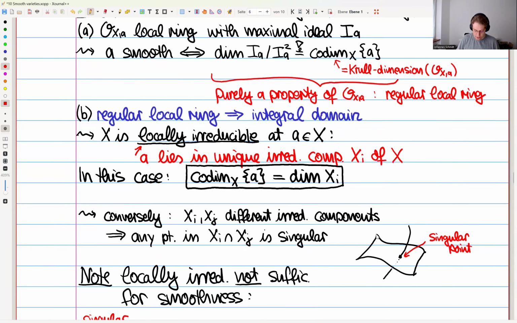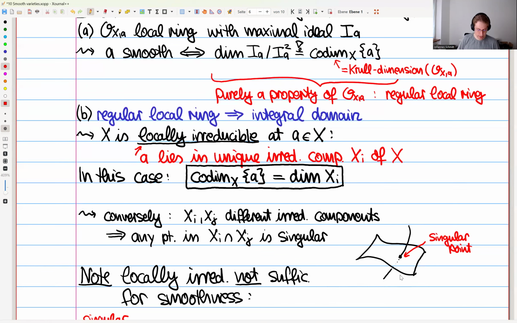Here you see an example: one irreducible component of dimension 2, one irreducible component, let's say, of dimension 1. They meet in this point, and this point must be a singular point because it lies in more than one irreducible component. This is a nice criterion which you can check purely from the perspective of intersecting these irreducible components.